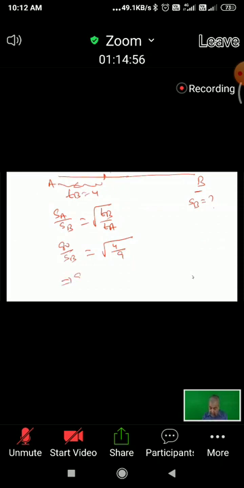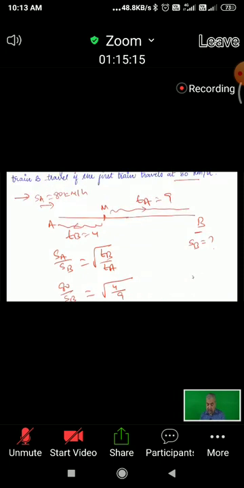This is 80 by the speed of B, which is 2 by 3. Now you cancel in the numerator 40 and cross multiply. So SB equals 40 into 3, which is 120 kilometer per hour. So this is the answer. See from the beginning.